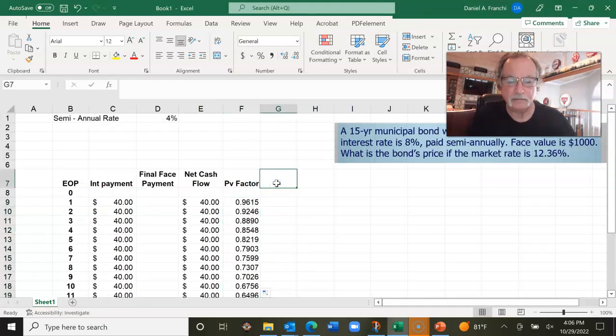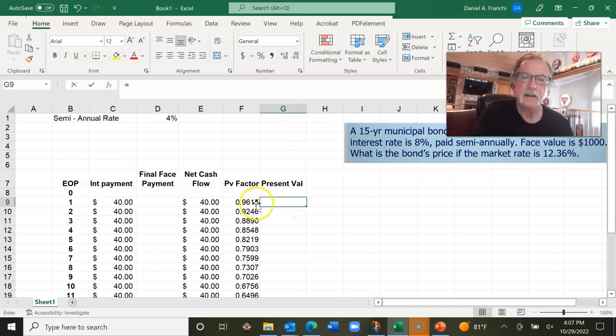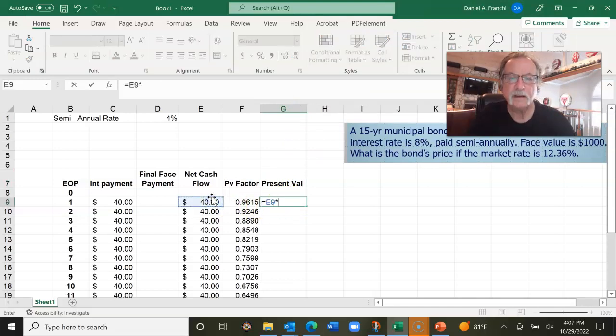And the present value is going to be the $40 times the present value factor.